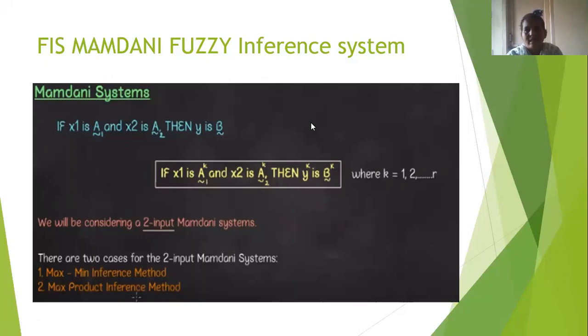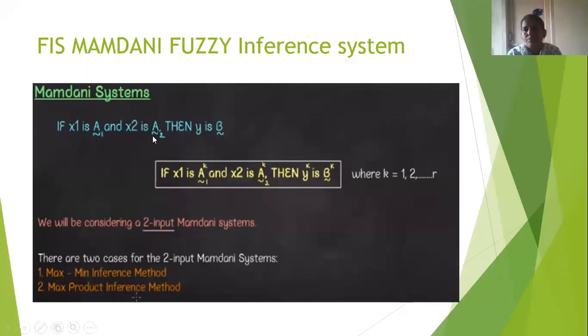First, max-min inference method. So if you need to consider two fuzzy rules. Okay, first fuzzy rule, if x1 is a1, x2 is a2, then y is b. Suppose here you are considering two inputs, two antecedents and one consequent.